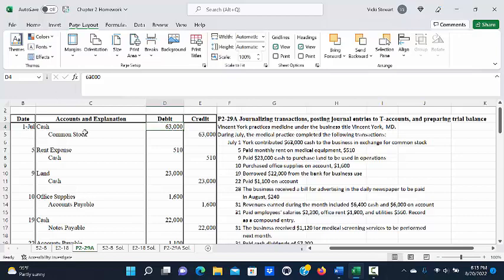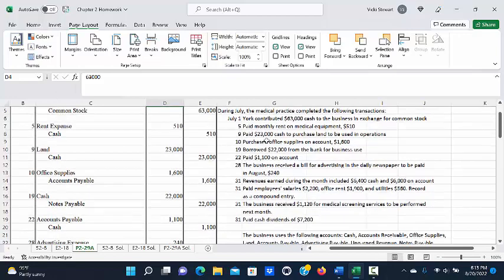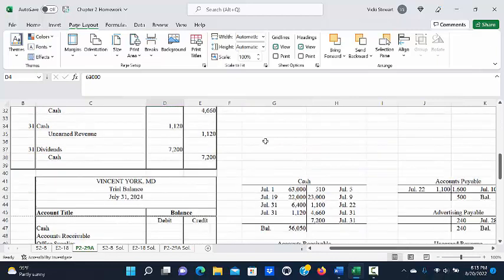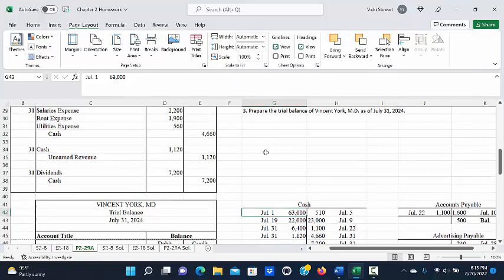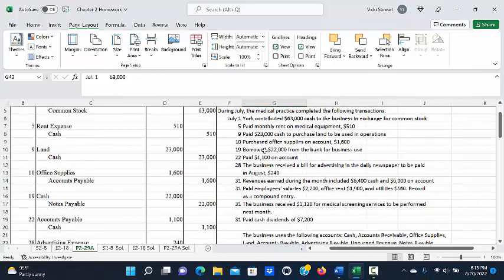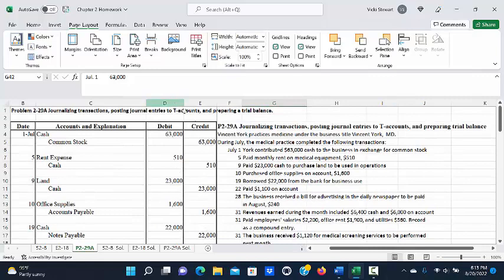So on July the 1st, we had a debit to cash. So we go down to our cash account and I would record a debit on the T account on the debit side for $63,000 and the date is the posting reference. And you do that for all of the debits, and all the credits. Okay.